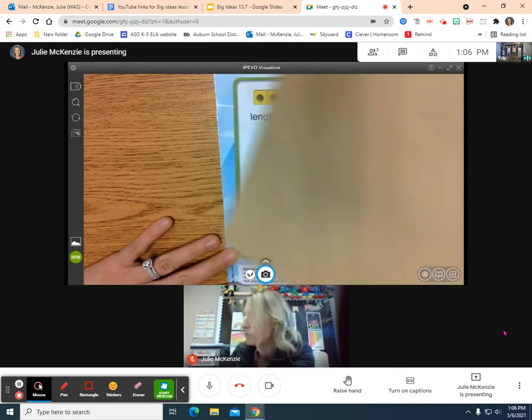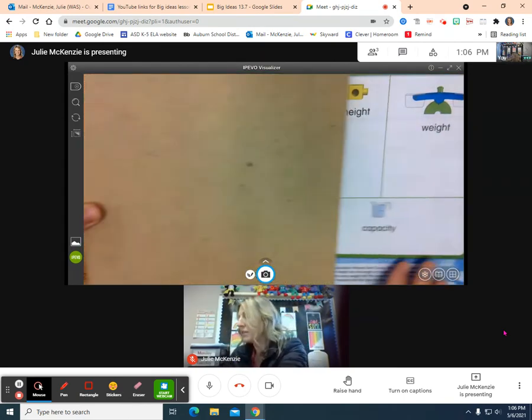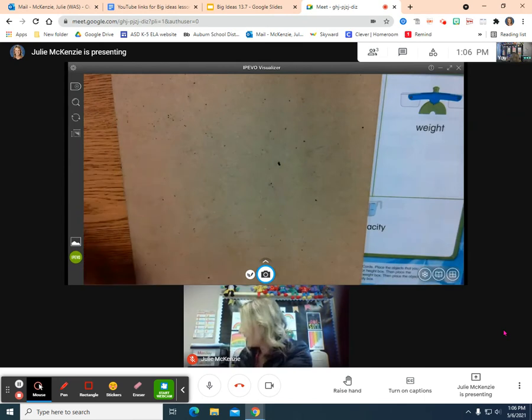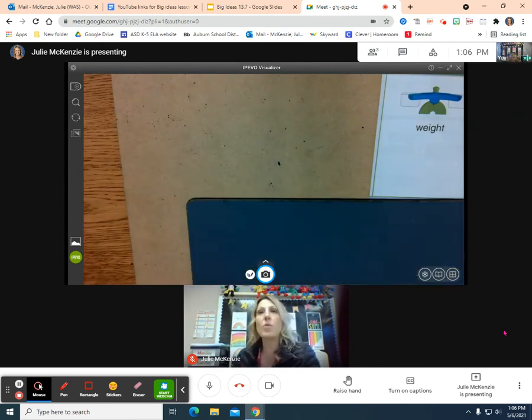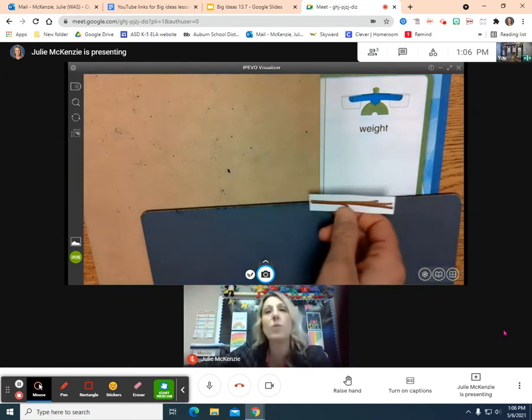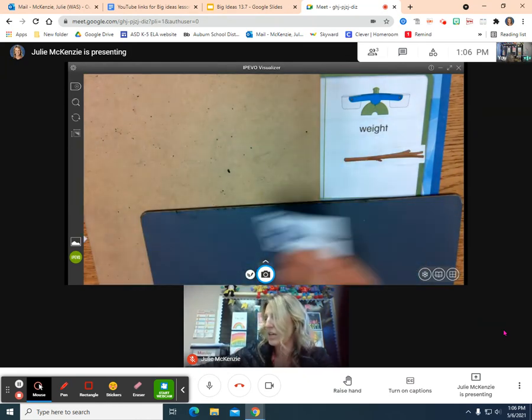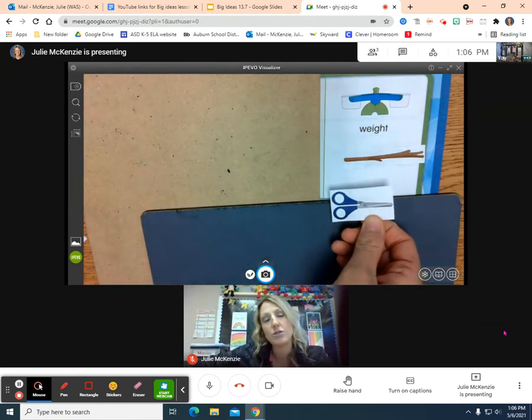All right, last one is weight. I'm going to cover up these other ones. Now we're talking about, can we see how much something weighs? Could we see how much a stick weighs? Is that possible? Yes, it is. Is it possible to see how much scissors weigh?